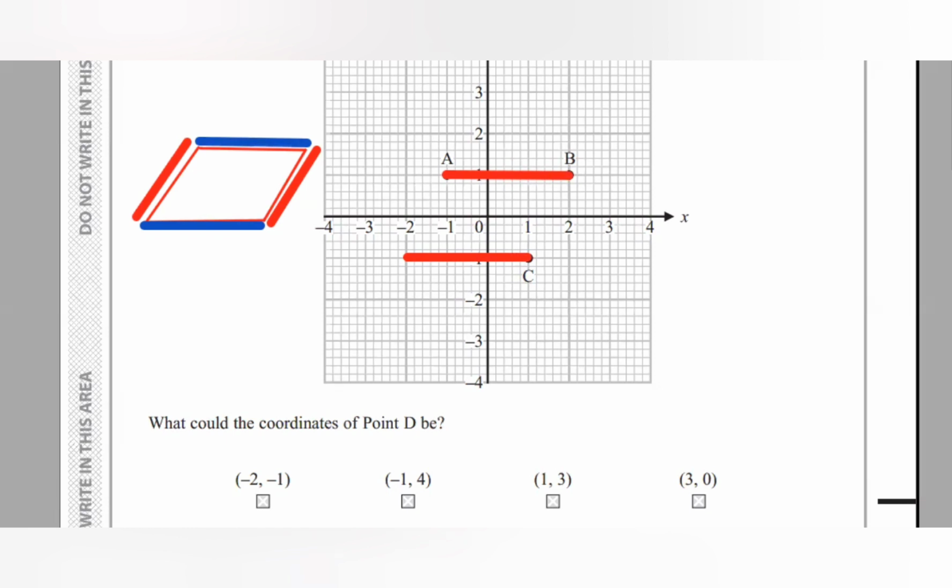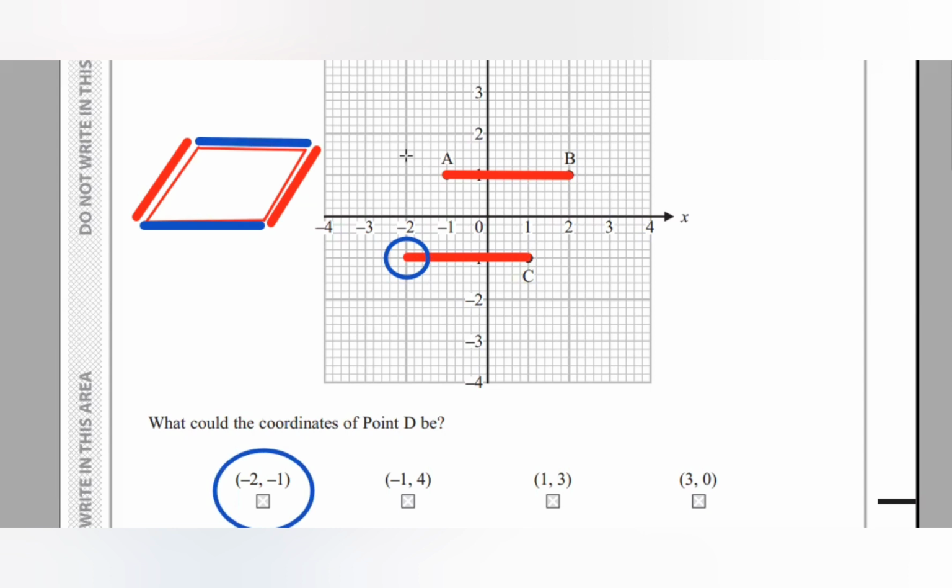So I'm going to check the coordinates of this point here. Let's make the line thin so I can work with it. The coordinates of this point are -2 and -1. So -2 and -1 is here. These are the coordinates of this point.